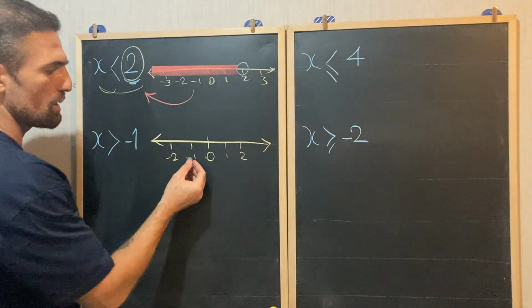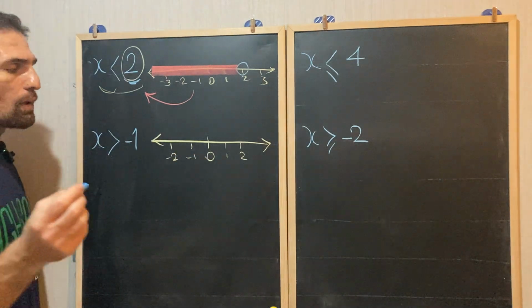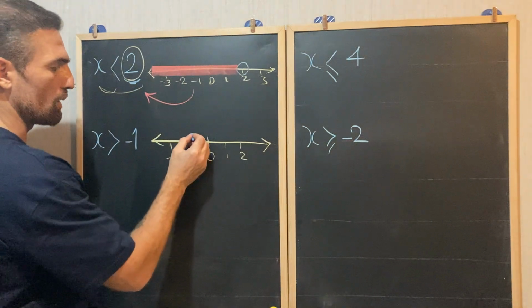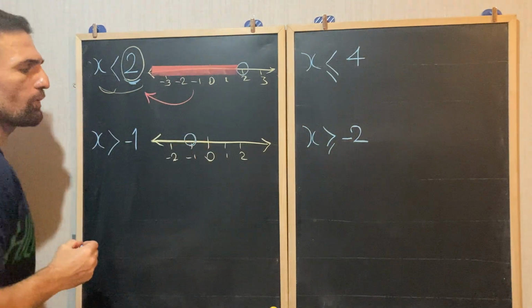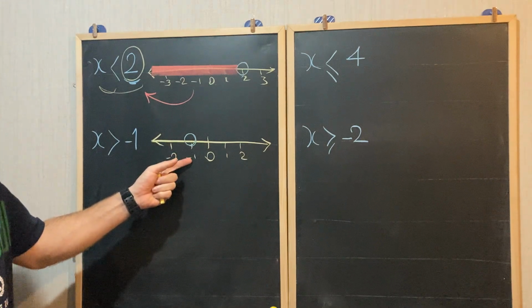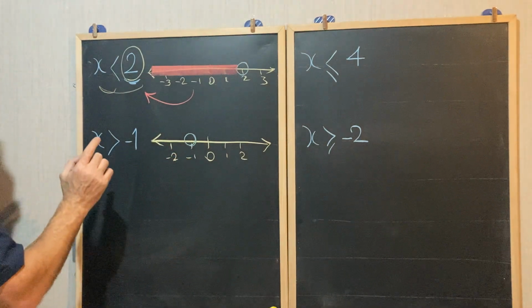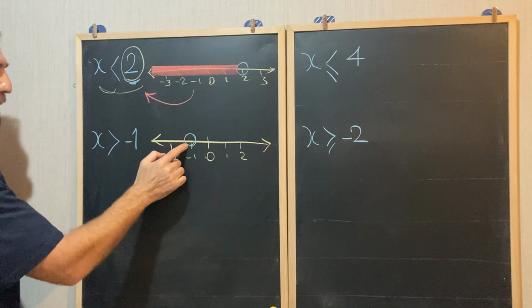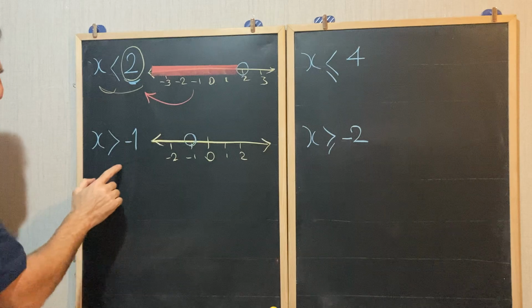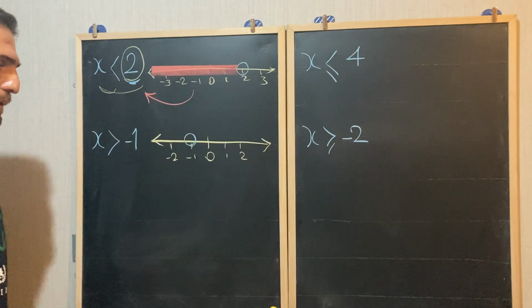Right, this is -1 and there is a circle above this -1. I graph a circle above this number. Again, be careful. This circle is an open circle because -1 is not the solution of this inequality.